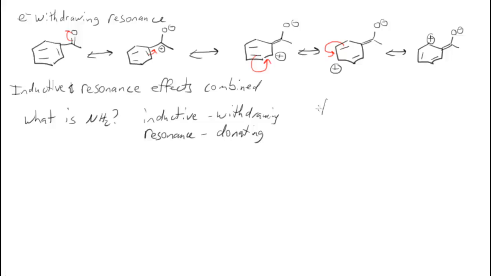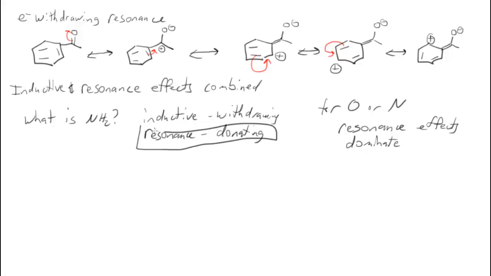And the answer is that for O or N, resonance effects dominate. Okay, so if resonance effects dominate for NH2, then you can see that it's going to be donating.